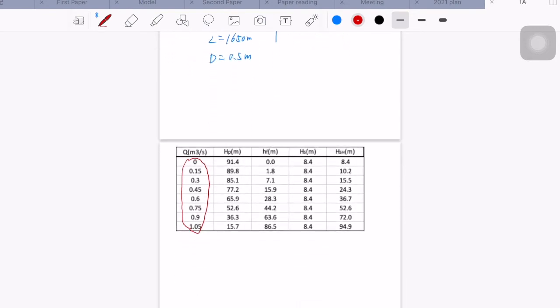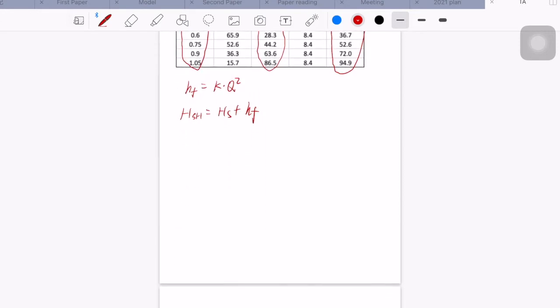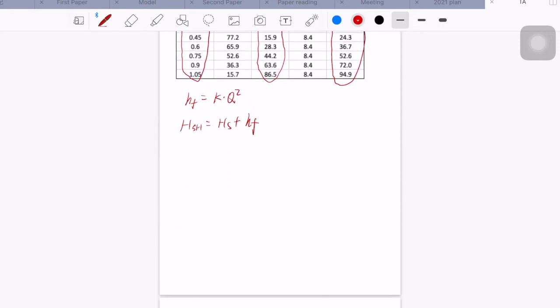So we can use this equation, K times Q squared, to determine the head loss in this column. And then we can use this equation, H equals HS plus HF, to determine the system head in this column. And then we can plot a system head in a figure like this one I also created before.